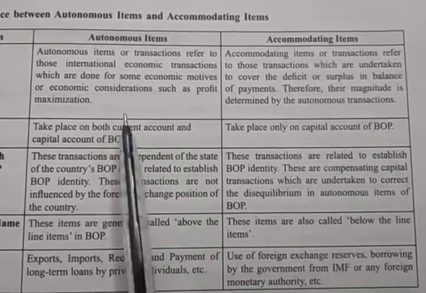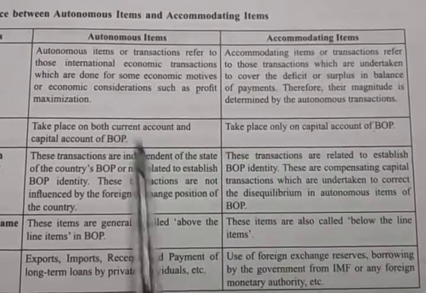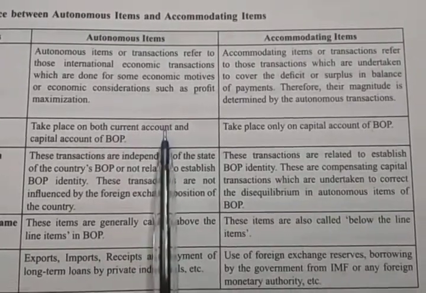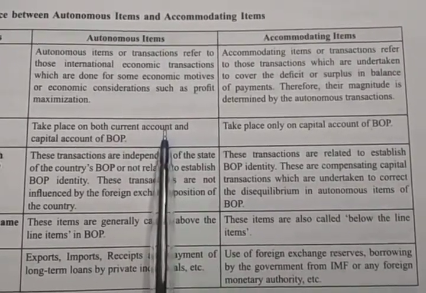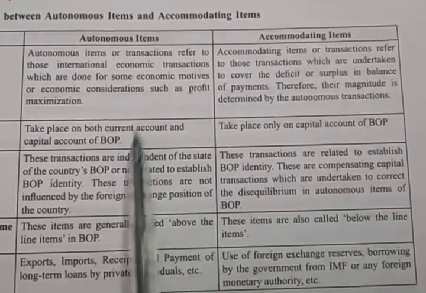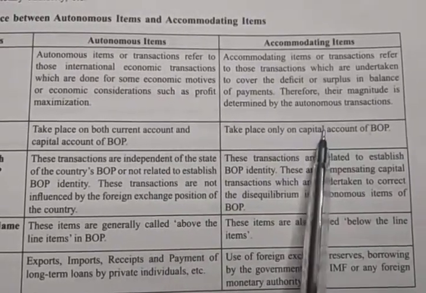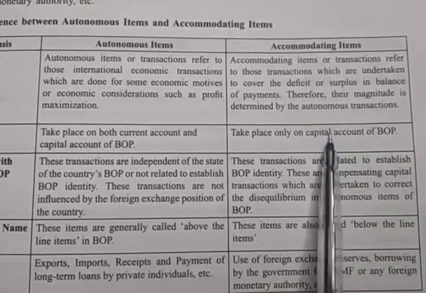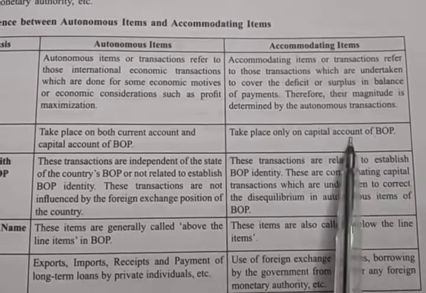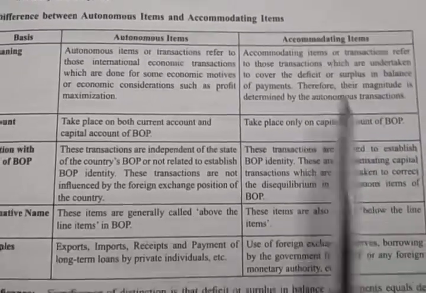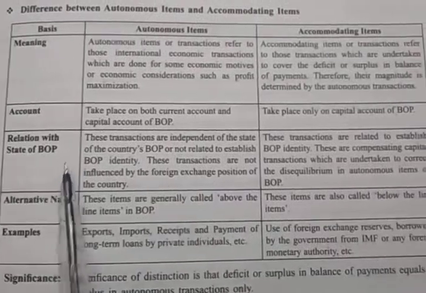In the autonomous items, visible and invisible trade, and all the transactions which can affect the assets and liabilities of the country are included. But whenever there is a deficit or surplus, only then can we enter the accommodating items. So no visible or invisible item will be entered; only the capital account components will be entered by the monetary authority. Third, relation with the state of BOP.